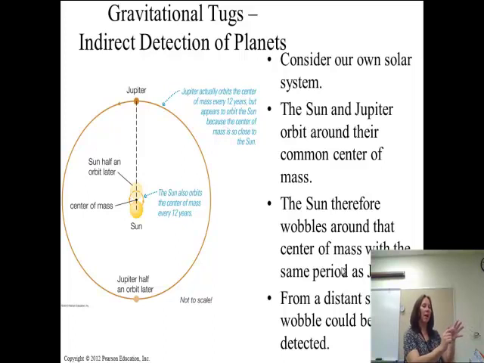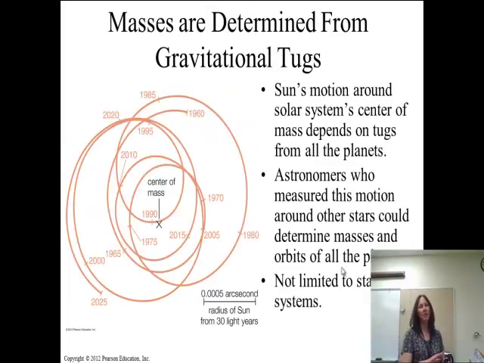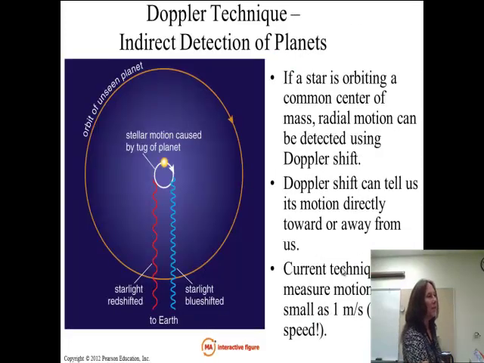This slide and the next slide talk about the reason that our sun wiggles a little bit, which is the gravitational pull of that large planet, Jupiter. So we can see that in other stars. And this shows you the tugs associated with our star, the sun, wiggling around a little bit.